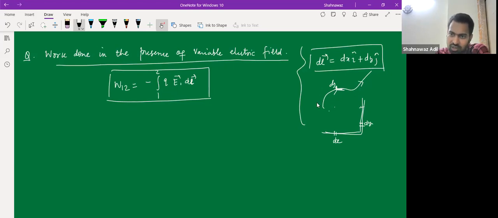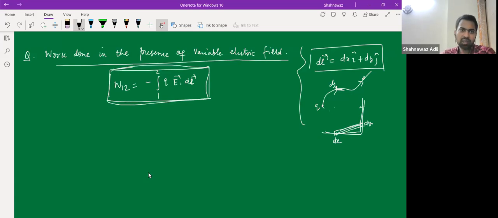We are bringing this charge from, let's say, here to here. So from this point to this point, we are bringing. Is that clear? So this would be dl. Okay, so if we are in 3 dimensions, this would be dz and k hat and so on. So just remember that for the case of the variable electric field, this would be the work done.